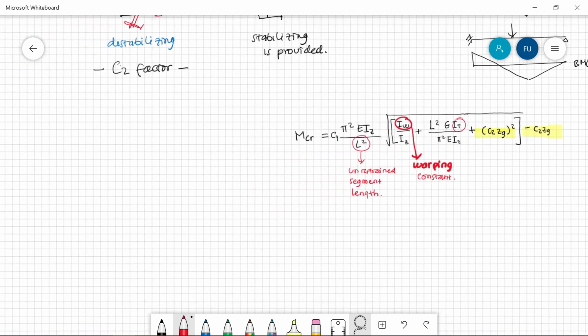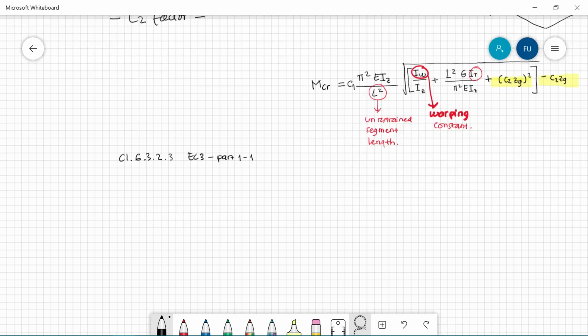In the Eurocode, clause 6.3.2.3 of Eurocode 3 part 1.1 determines the process of calculating the reduction factors.